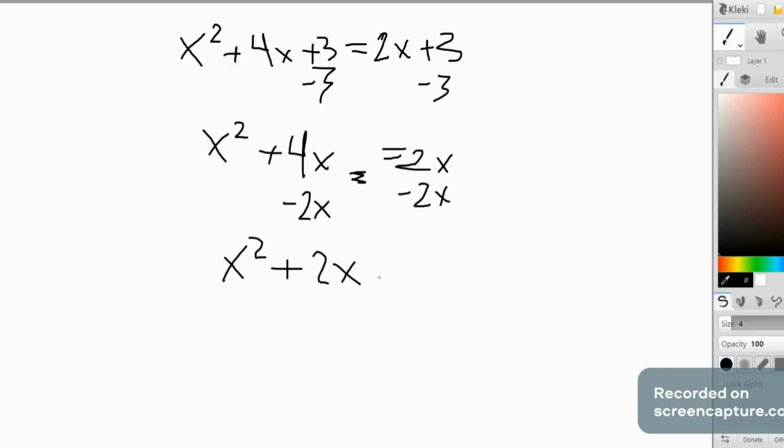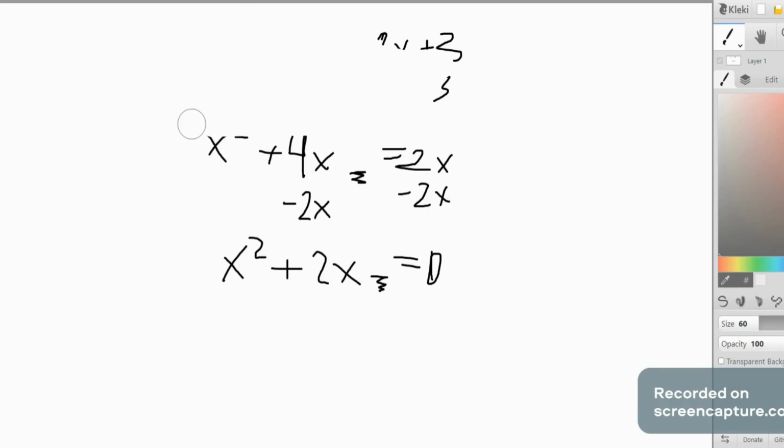We still have this blank space right here. And then equals 0. And there we go. That's half of it already solved. I am going to get rid of most of this because I need space, but you get the idea.